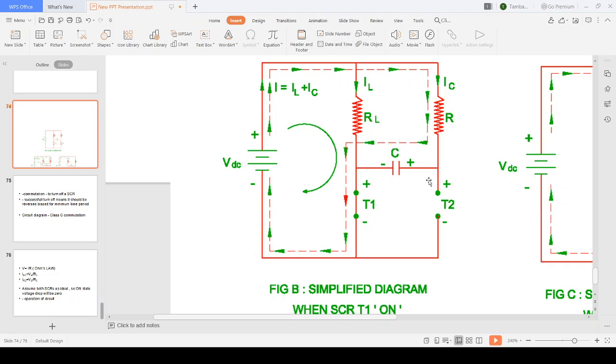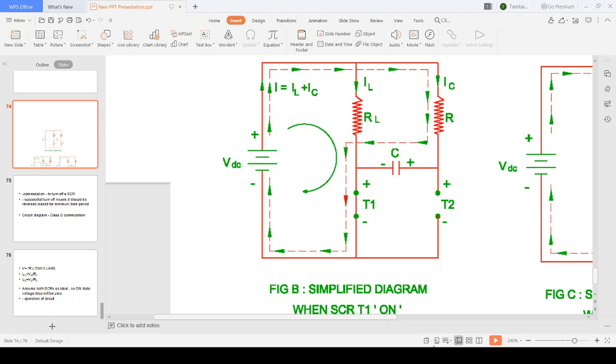We know that a thyristor can be in forward bias or in reverse bias. In reverse bias, the thyristor is turned off. So in this situation, capacitor C will reverse bias thyristor T2 and thyristor T2 will be turned off. Thyristor T2 will be in the off condition.